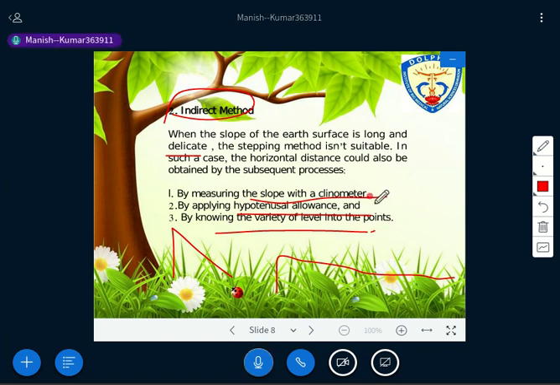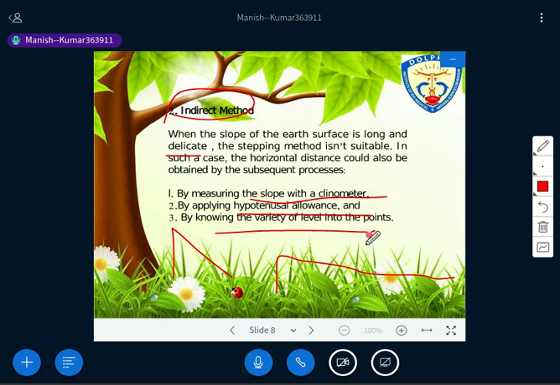So first we start with the clinometer. You know that the clinometer or Abney level is the instrument used to measure the angle, right? Then hypotenusal allowance. There is one concept of the hypotenuse that you have already studied in the Pythagoras theorem, something like that. That has to be used here, and then the difference of level between the points.